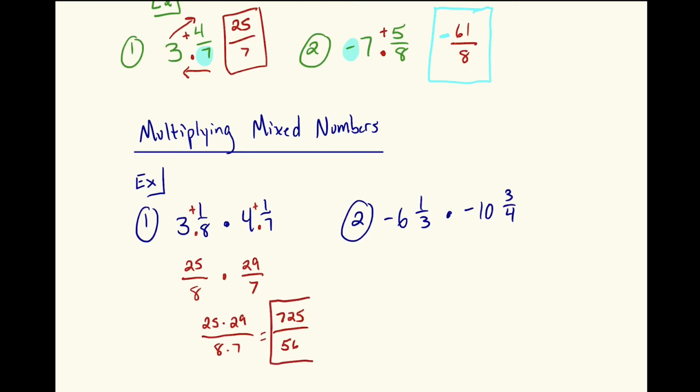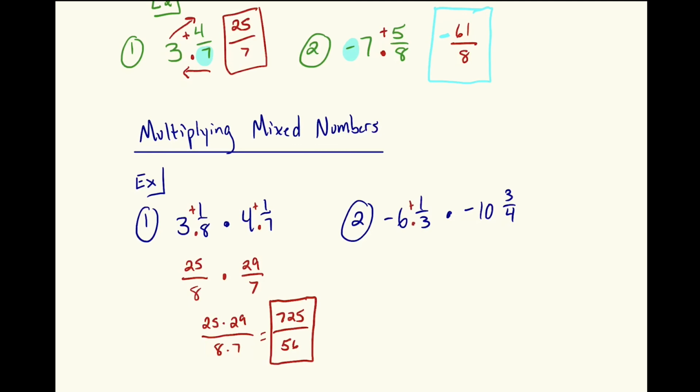No, it can't. So that is our answer. As weird as it seems, we followed our process. We converted mixed numbers to improper fractions. Then we just multiplied across the top, multiplied across the bottom. And even though we got some crazy numbers, some larger than normal numbers, we're okay.